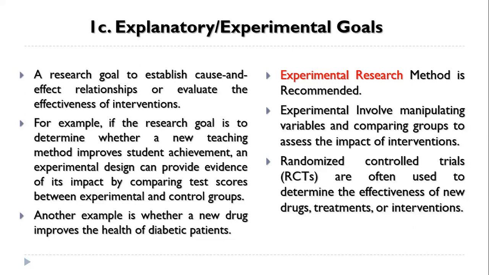So the moment you have in mind that you're going to be influencing the study, because you're going to be putting something in the environment that is going to influence the output, then you're thinking of an experimental research. Okay?